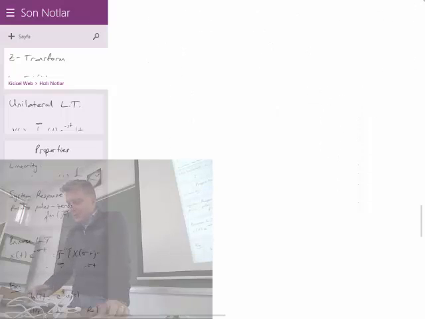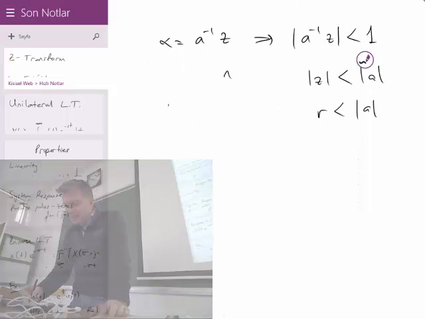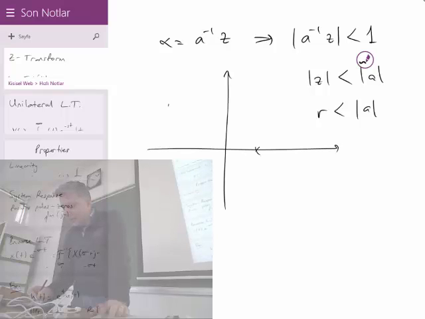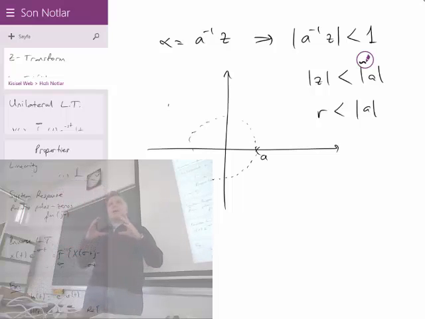And the way to plot it will be quite easy. We'll just indicate the point of A. We will draw a circle with that radius. I'm drawing it with dots because that boundary is not included. It is strictly less than A. It's not less than or equal to.